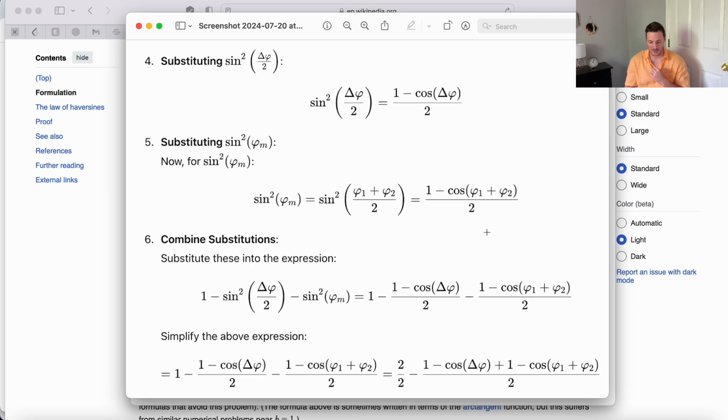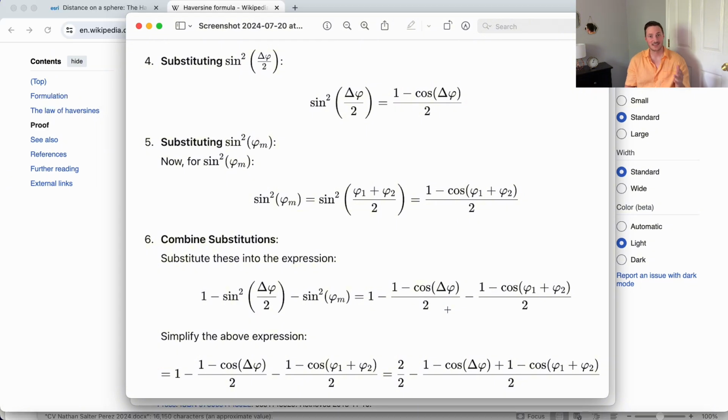And if you scroll down a bit here, finally, we now just sub that back in to get this expression on the right. And so, mopping up here, you go times by 2, common denominator, and what will happen is all the numbers will go, leaving you just with cos delta phi plus cos of phi 1 plus phi 2. But remember, delta phi is going to be phi 2 minus phi 1.